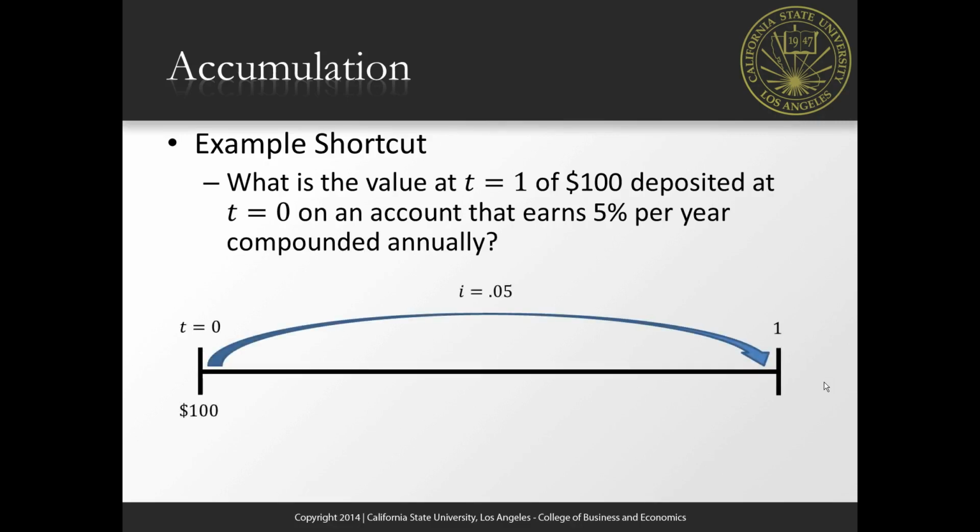Again, we start off the exact same way, except this time we'll multiply our original $100 times 1 plus i. So that is 1 plus the interest rate, and in this case we have 1 plus 0.05. And we multiply that by 100, and we see that we would end up with the exact same thing that we got in the last answer, which was $105.